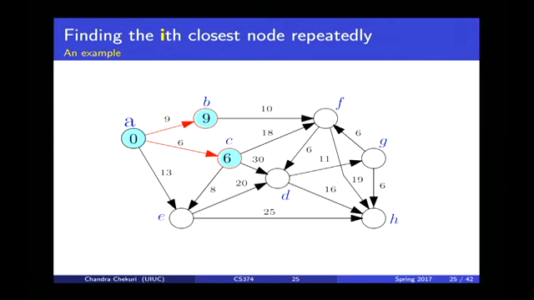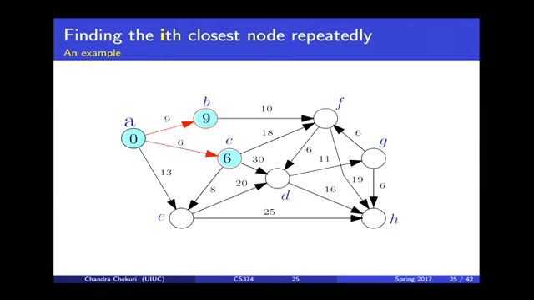I can go this way, what would that give me? 6 plus 18. If I go this way, I'll get 9 plus 18, which is shorter. I can't get through A directly, so the shortest path distance from A to F using only these three nodes is what? 19.